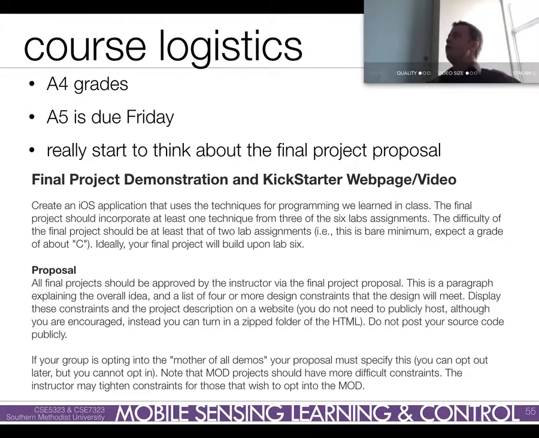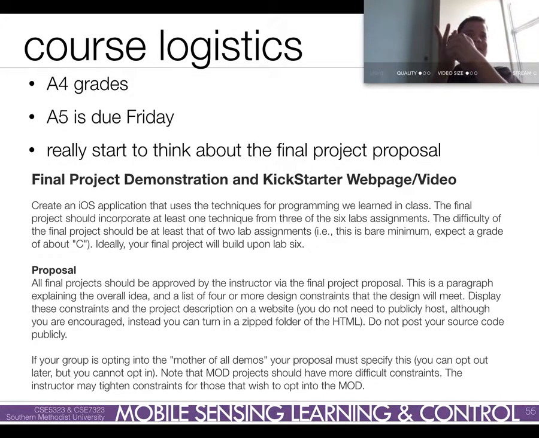Okay, the final project demonstration. I want you to create an I/O application that uses techniques from basically all the programming that we've done in class. You have to use techniques from at least 3 of the different labs. So if you were to do something with audio and Core Motion and it has a user interface, I'm giving you that for free.